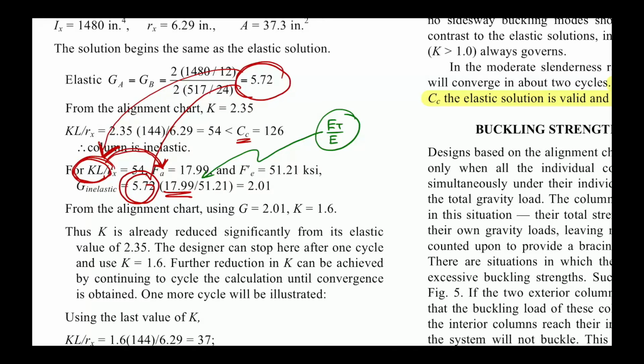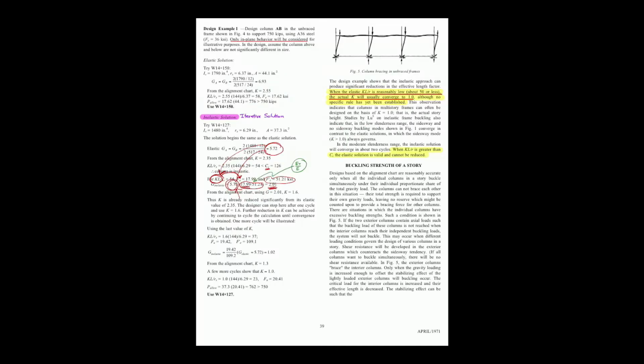You get the inelastic buckling stress, and in the meantime you can also get the elastic buckling stress. You determine this ratio of stress, and then you multiply this ratio by the G you determined previously, which is 5.72. You get a significant reduction of the G, which is the inelastic G. Then we move to the alignment chart for another time in order to determine the K value.